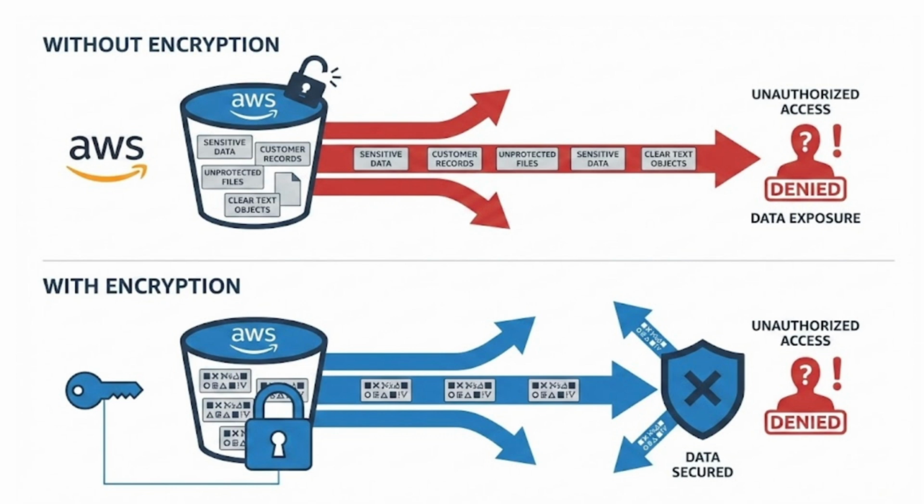Suppose we have one more bucket, and in that bucket's configuration we have enabled encryption. The data residing in this bucket, even though it is sensitive information, is not sitting as plain text. It is encrypted data.